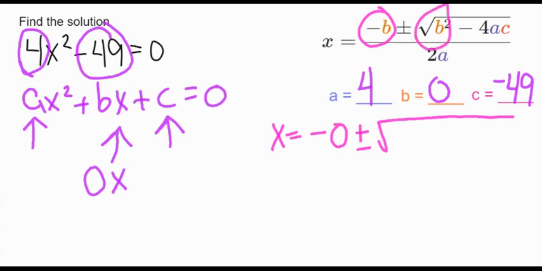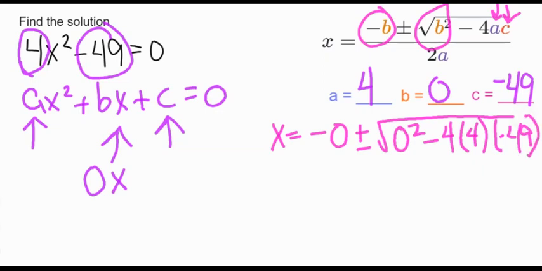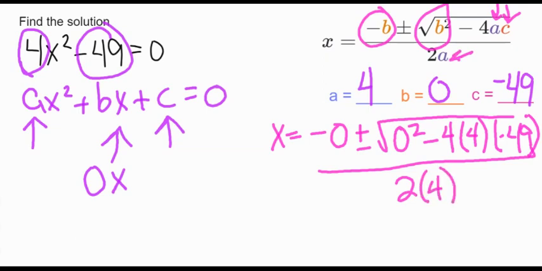Now b squared is again 0, so 0 squared minus 4 times a times c. So 4 times 4 times negative 49. Okay, that's our a and c. All over 2 times a, and our a is 4. So that's our equation right now.